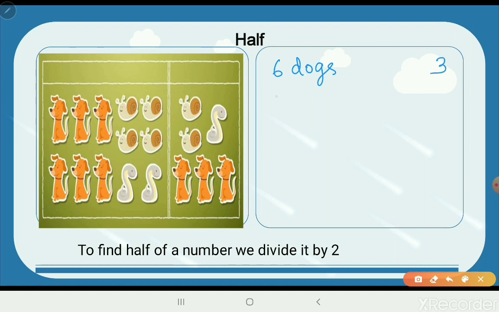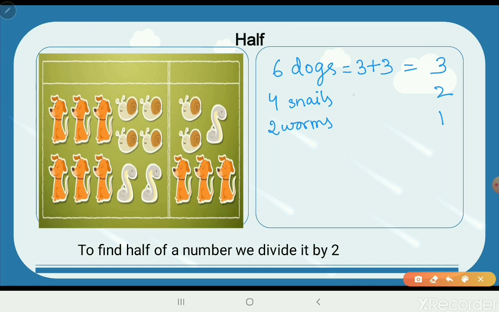In the first column there are 4 snails, it becomes 2, and in the first column there are 2 worms, it becomes 1. So if I split this 6 into 3 plus 3, I'm getting that number of animals in the second column.